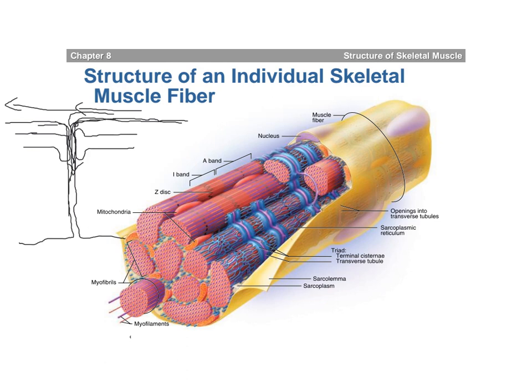Associated with that are these terminal cisternae of the sarcoplasmic reticulum, and their primary function is to store calcium. They will release calcium, and that calcium will serve as a signal for muscle contraction.